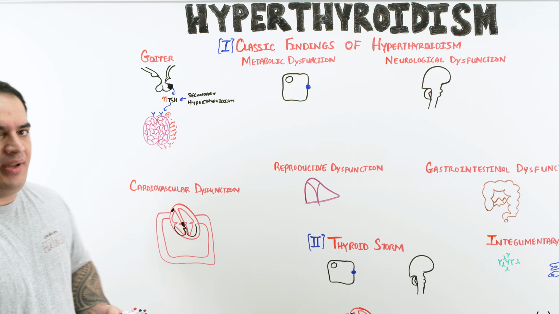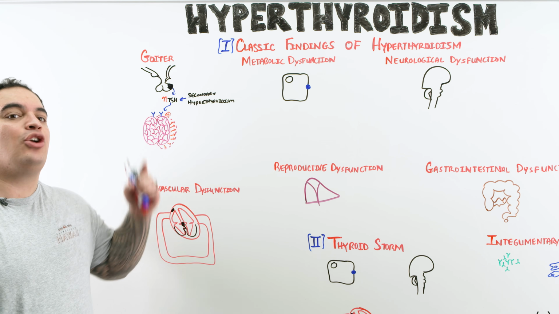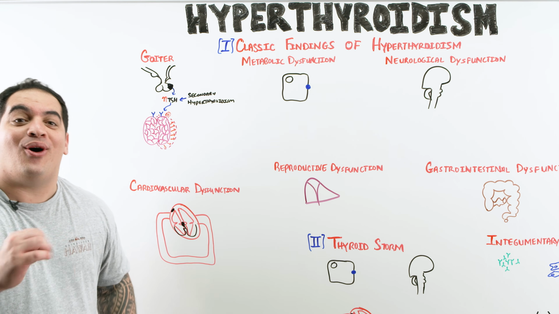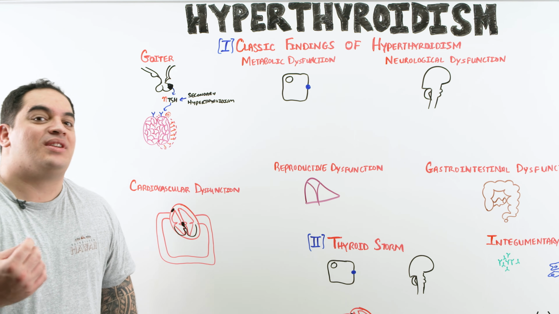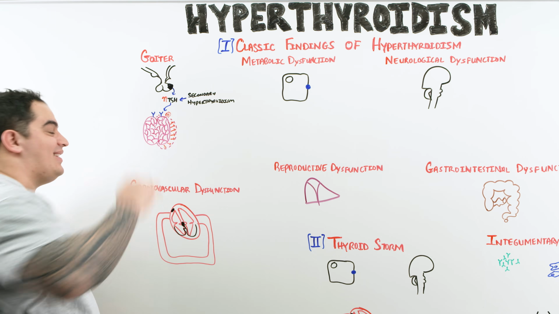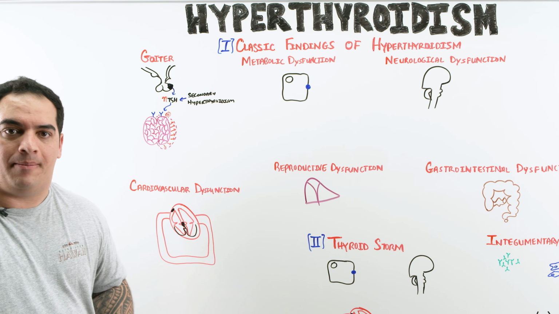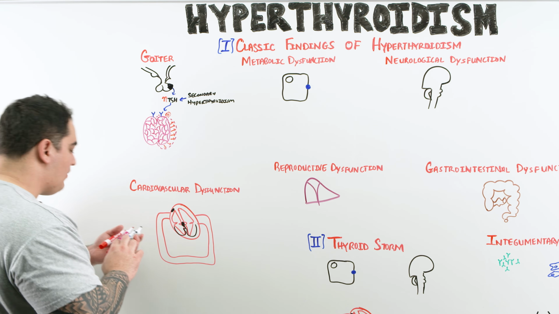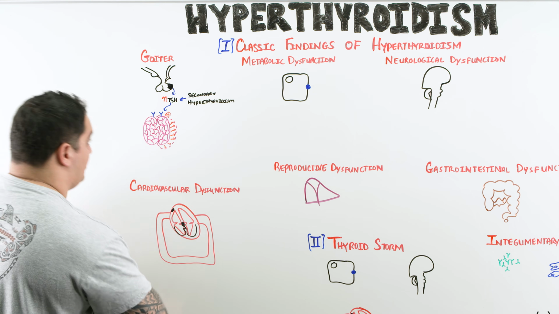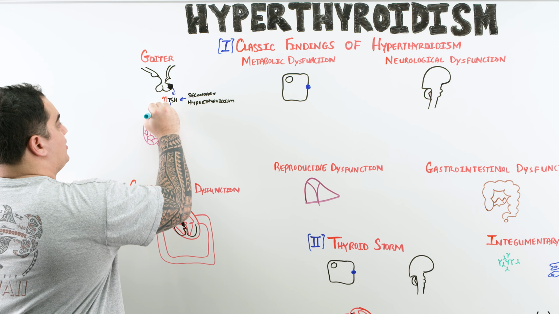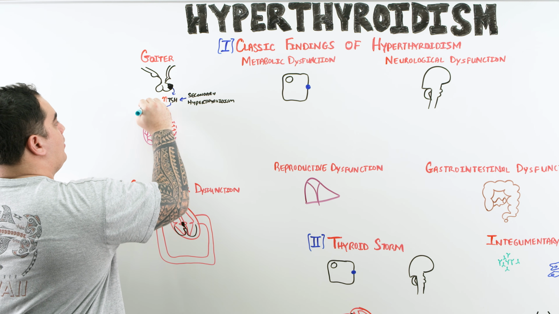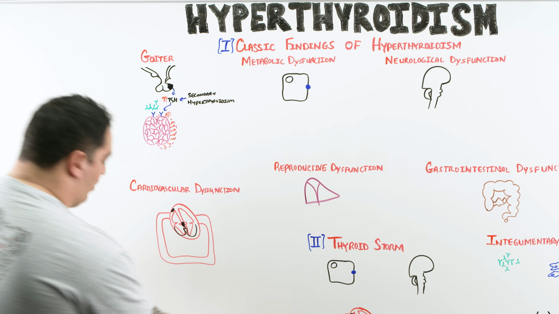The other concept here is that maybe there is not increased TSH. This could also be due to receptor antibodies that are binding to the TSH receptors and hyperactivating them. So another cause is, let's use these blue structures here, binding onto this TSH receptor. What are these things called?